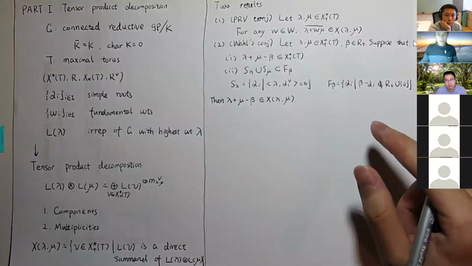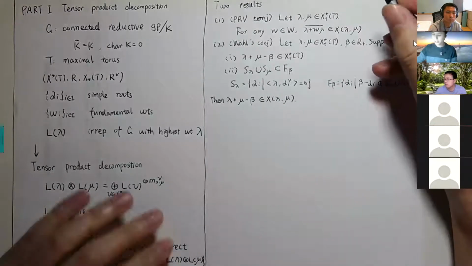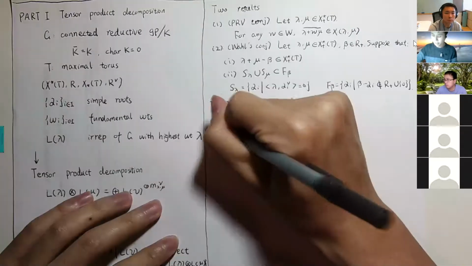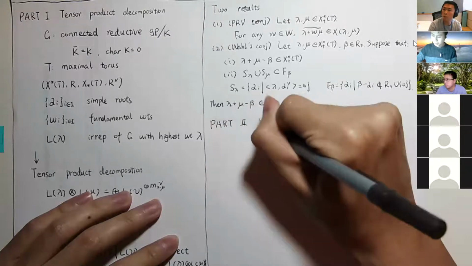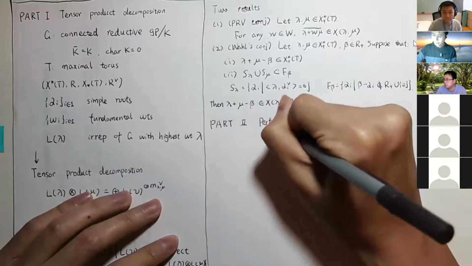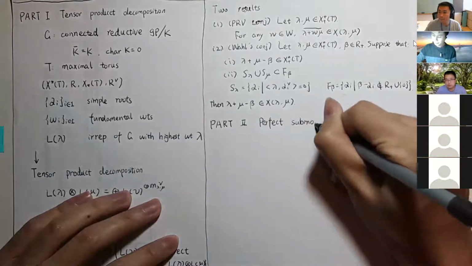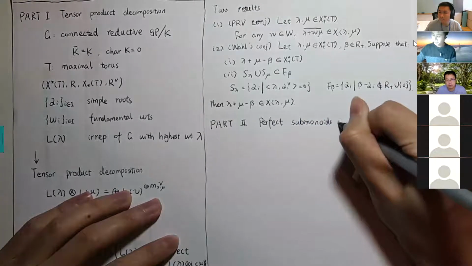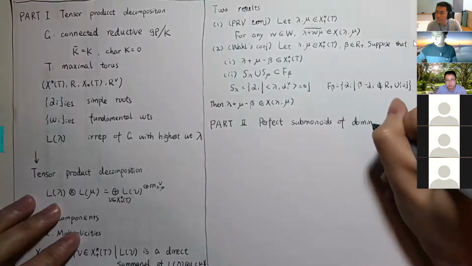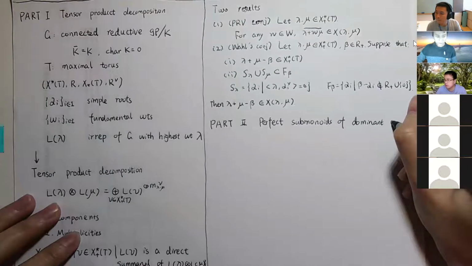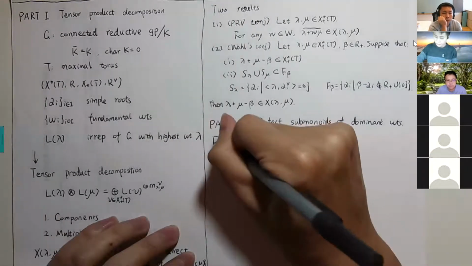So we keep these two results in mind, and then we can move on to the second part, perfect submonoids of dominant weights. Let me first define this.